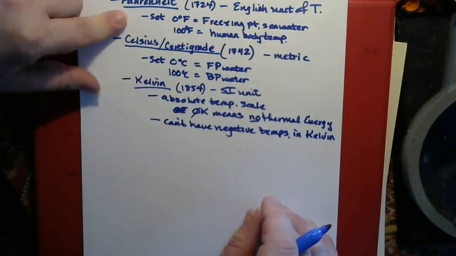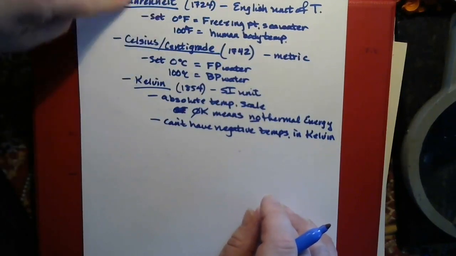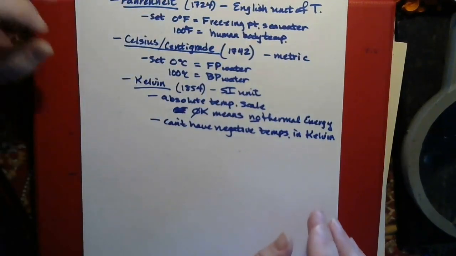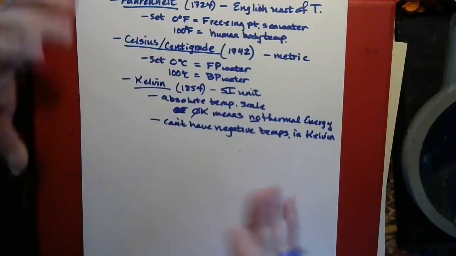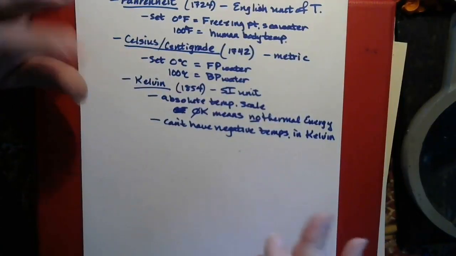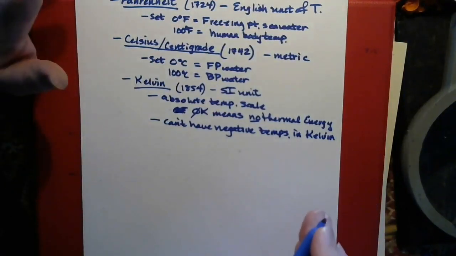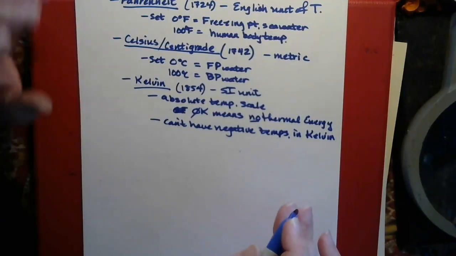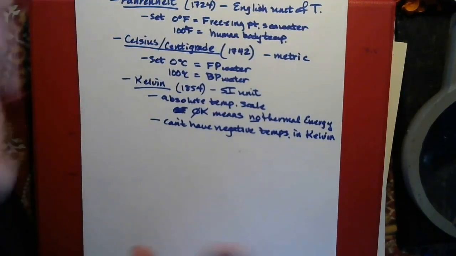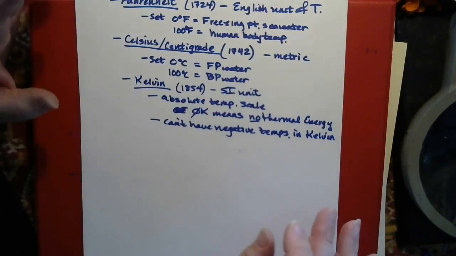That's not the same in temperature. 0 Kelvin is not the same as 0 Celsius, and 0 Celsius is not the same as 0 Fahrenheit. So that's why we stick with the one that's absolute. If you're thinking of volumes, 0 volume means nothing, and you can't have negative volumes. 0 milliliters is the same as 0 fluid ounces, which is the same as 0 gallons, and so on. Those are all absolute measuring scales.